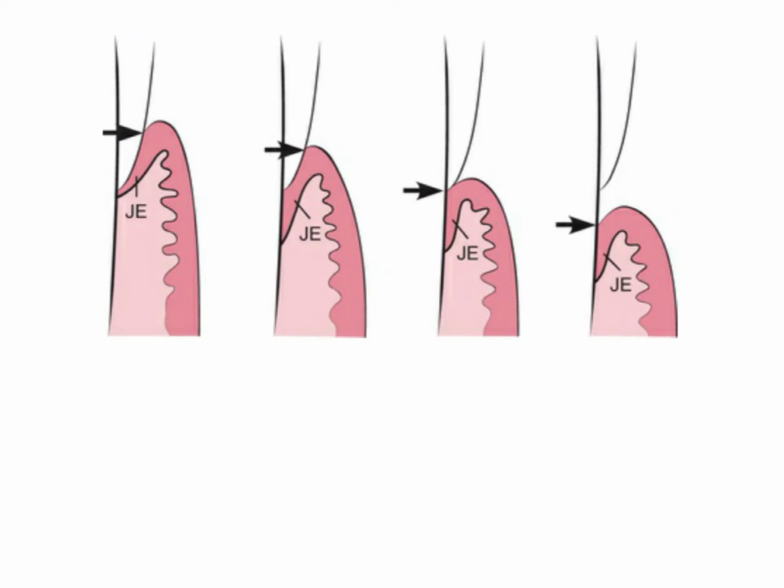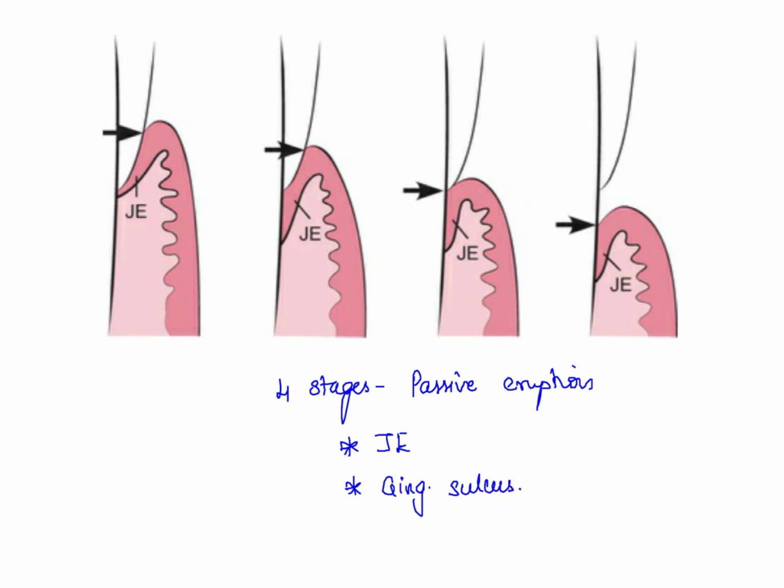And the next important point we should know are the 4 different stages observed during passive eruption. These 4 stages are based on the position of the junctional epithelium and the location of the gingival sulcus on the tooth surfaces.